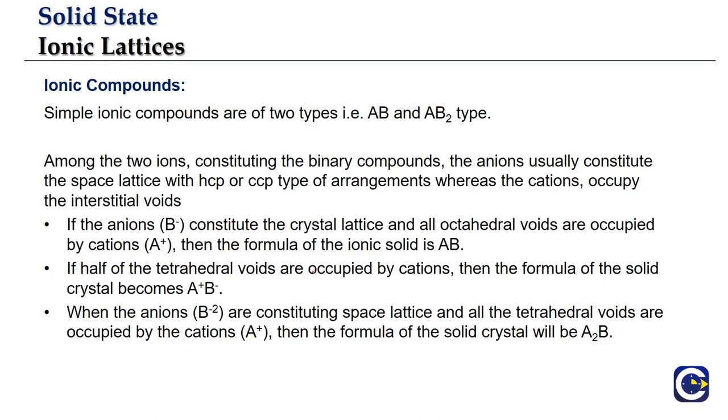Now if you look at the ionic compounds as such, most of them will be in these two categories. Either we'll have AB type of ionic compounds or we'll be having AB2 type of ionic compounds.